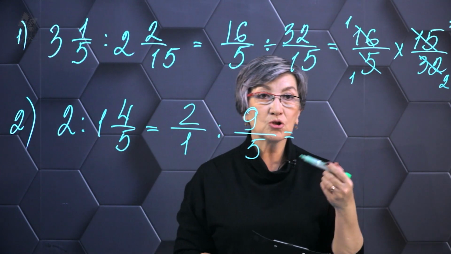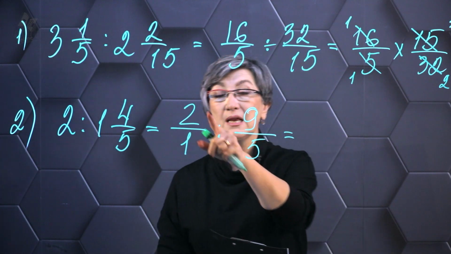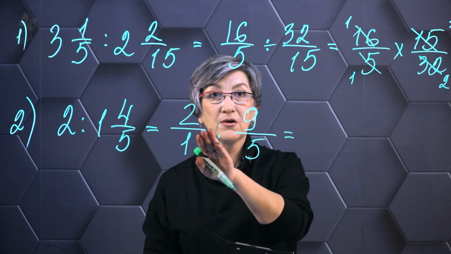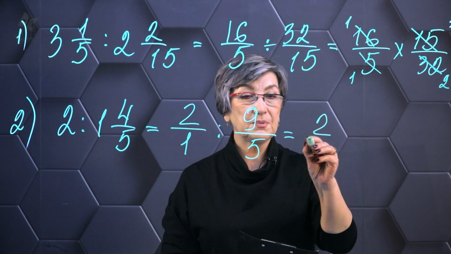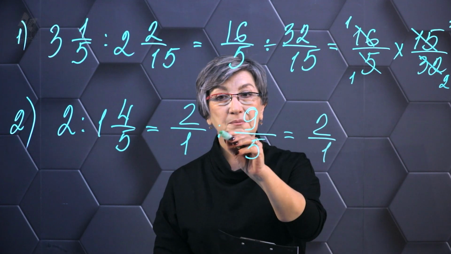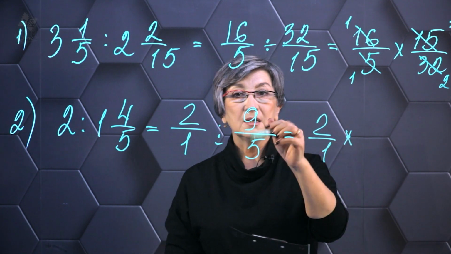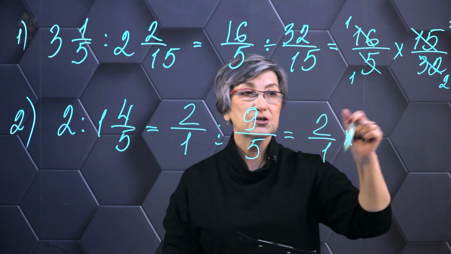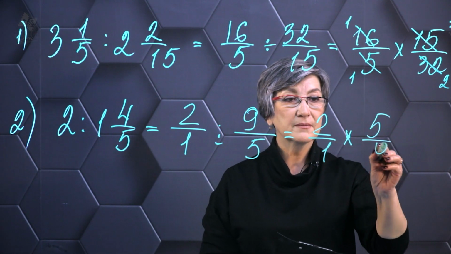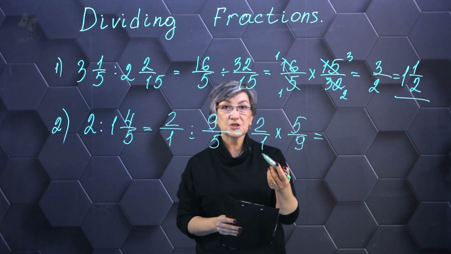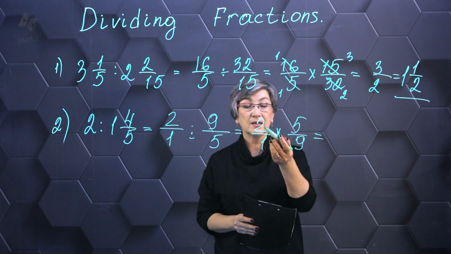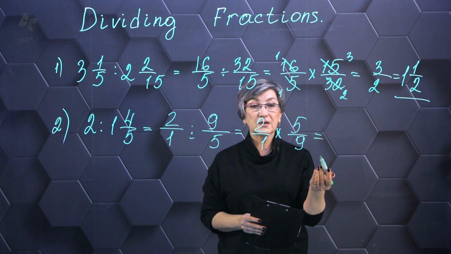And now I'm going to apply the rule of division. First I wrote it down as fractional numbers, and now the rule of division. I leave the first one the same way, so I write 2/1. I change the sign, that's the second step. This fraction I flip, 5/9. And now all I have to do is multiply the 2 fractions: 2/1 multiplied by 5/9.